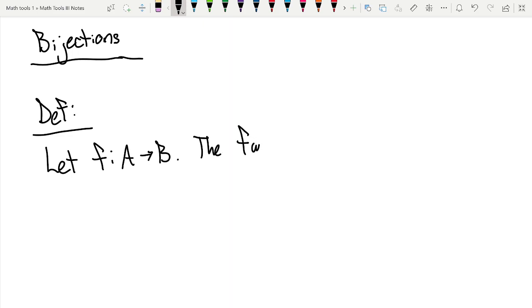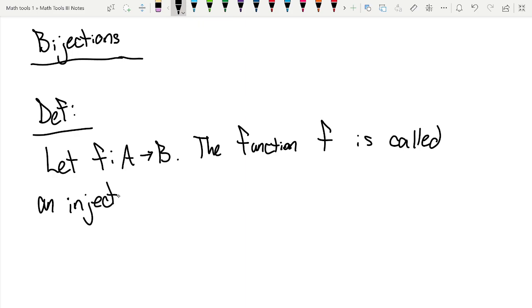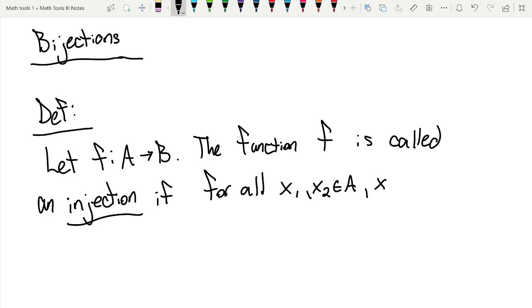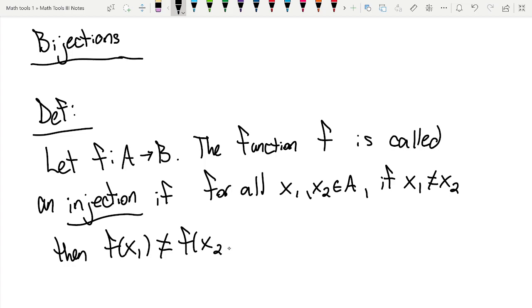The function f is called an injection if for all x1, x2 in A, if x1 does not equal x2, then f of x1 does not equal f of x2.